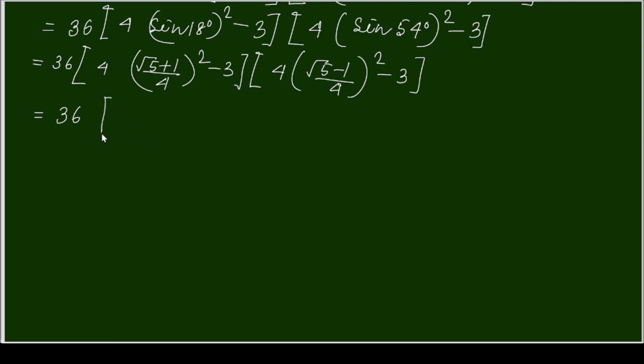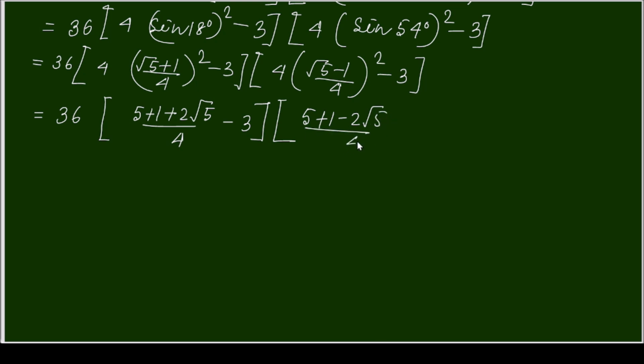So it will be 4 into 1 by 4 will be cancelled, so it will be 5 plus 1, squaring this, plus 2 root 5 by 4 minus 3. The second will be this, again the 4 will be cancelled, no need of writing, so I'll write 5 plus 1 minus 2 root 5 by 4 minus 3.